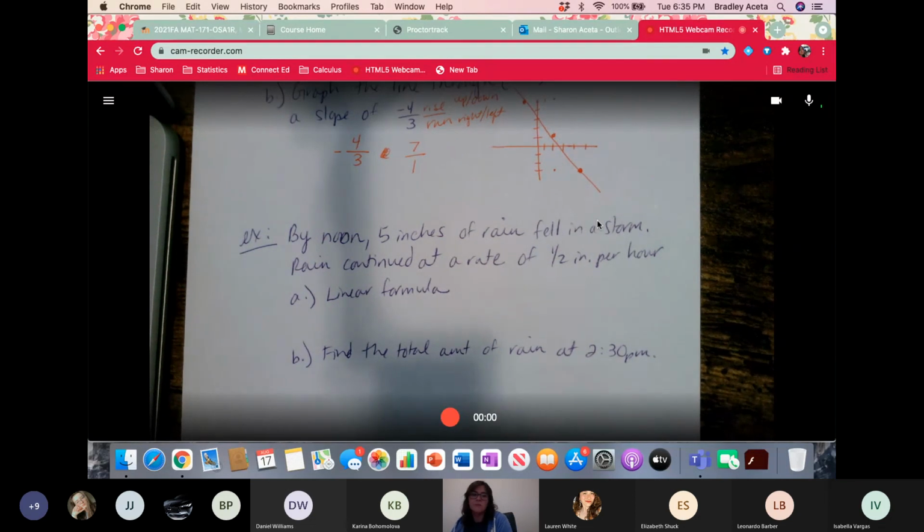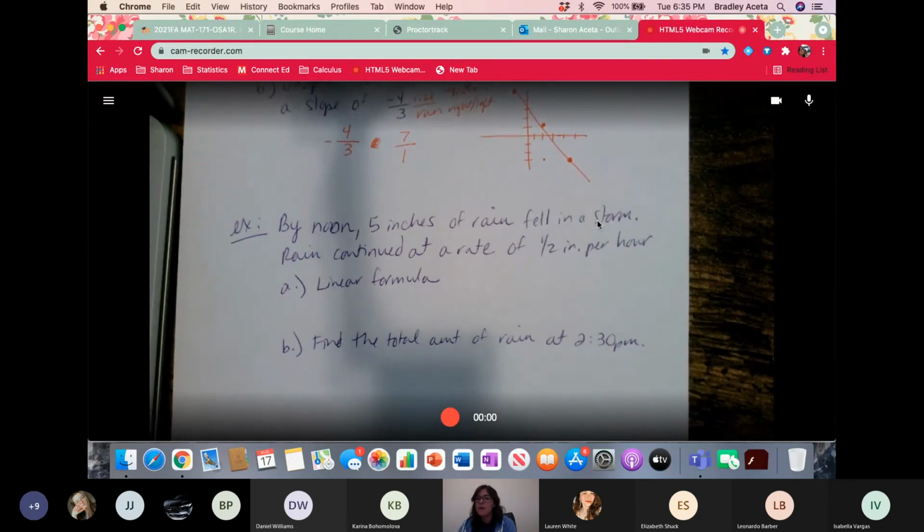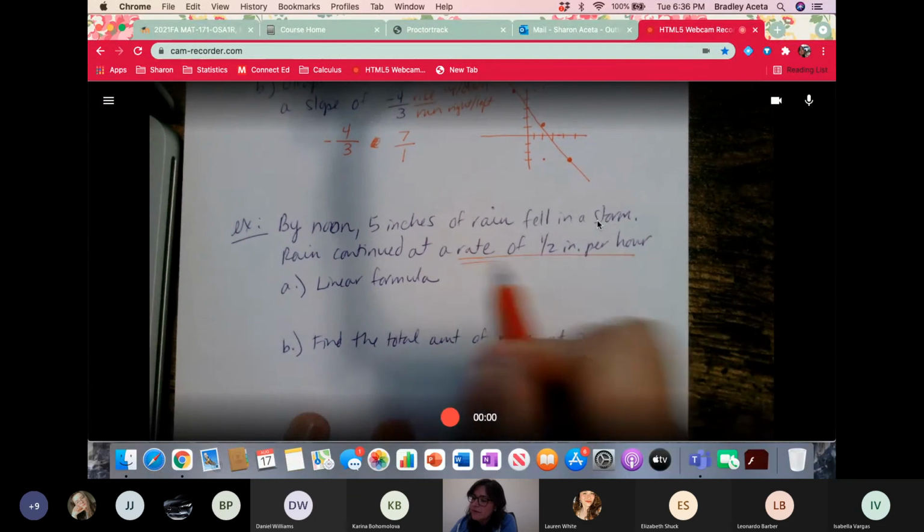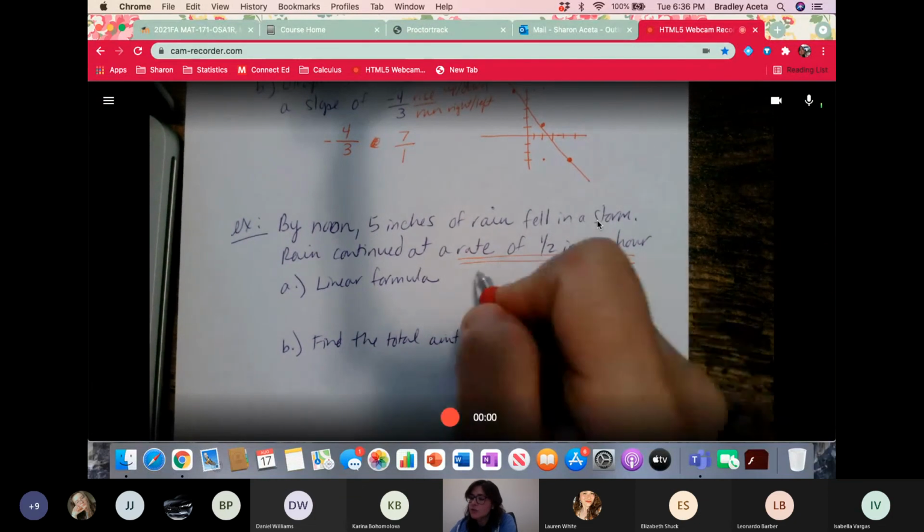Okay, cool. All right, so by noon, 5 inches of rain fell in a storm, and the rain continued at a rate of 1/2 inch per hour. So we're going to let X be obviously the total inches of rain. And so we're going to start from noon, since that's where the problem is starting. So this rate of 1/2 inch, that is your slope.